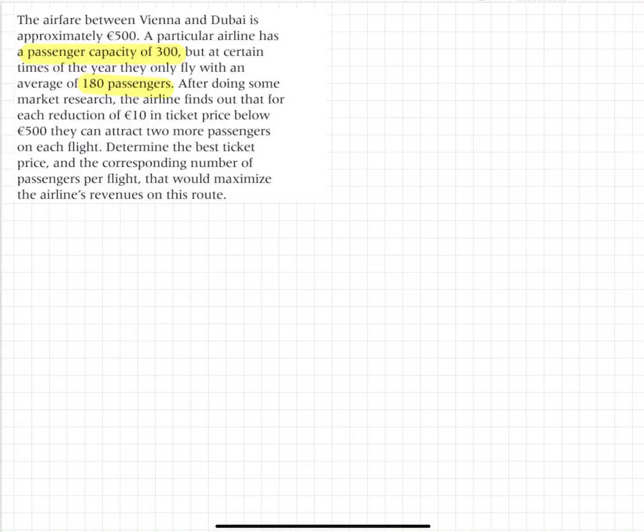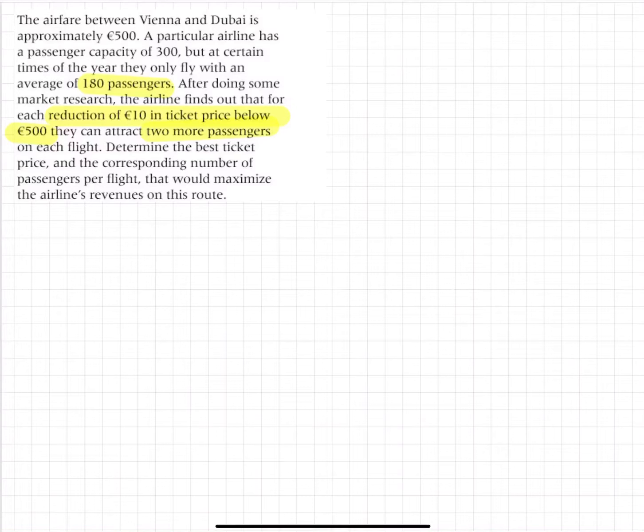So I'm going to do this question with 180 passengers, or the assumption that that's where we start. The next part of this question says that there's a reduction of 10 euros below the price of 500 for every additional 2 passengers. And then it's going to ask us to find the best ticket price.